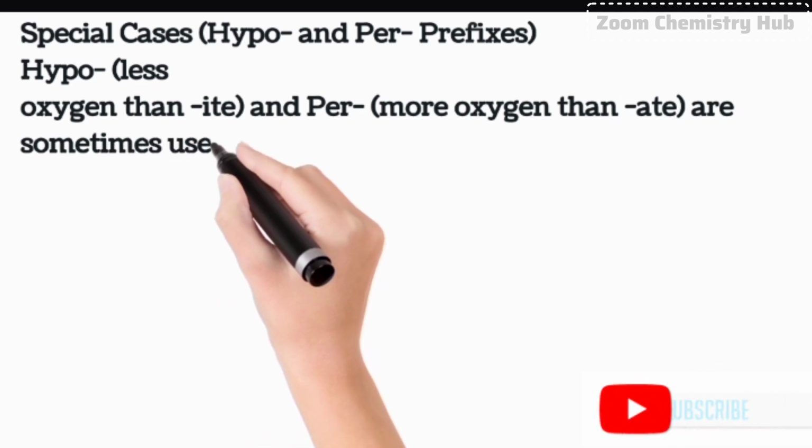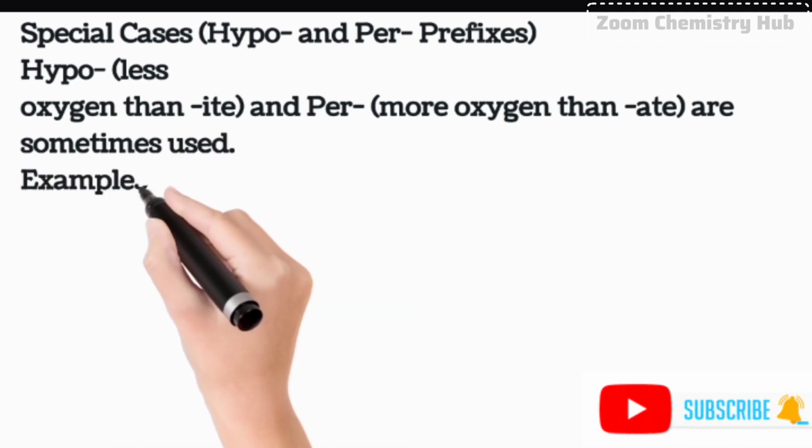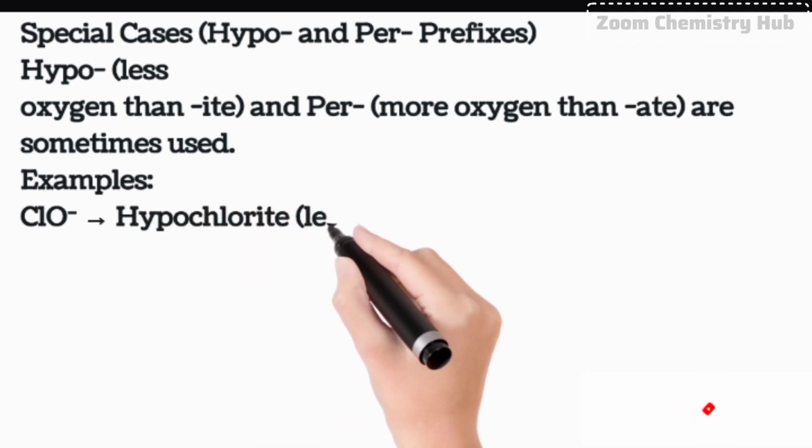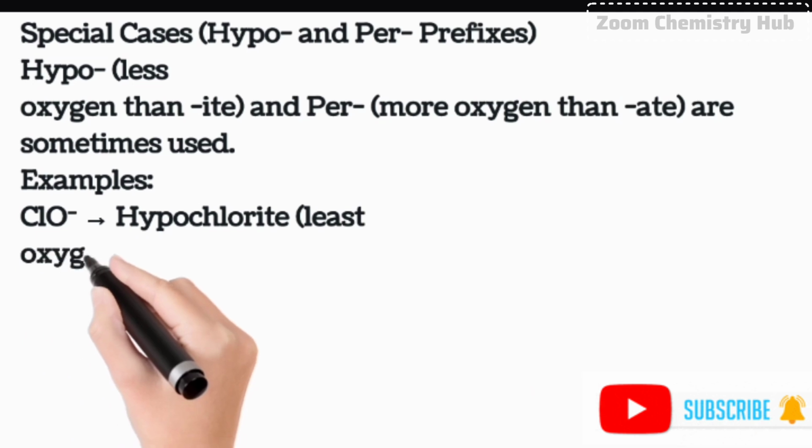Per means more oxygen than ATE, and it is sometimes used. Here we take an example to clarify the confusion of hypo and perchlorate.